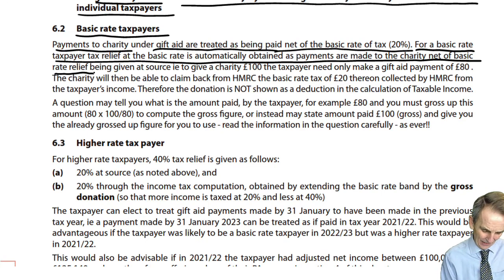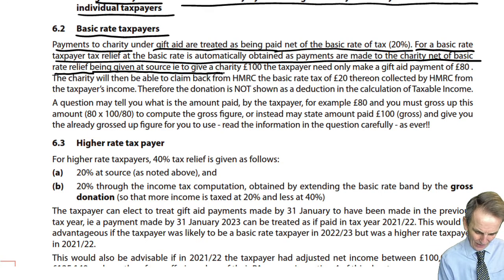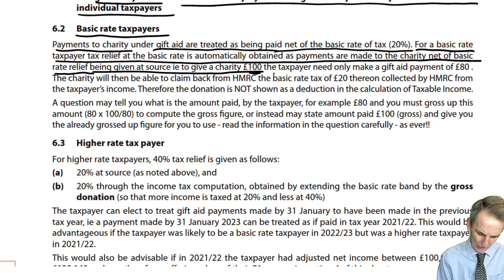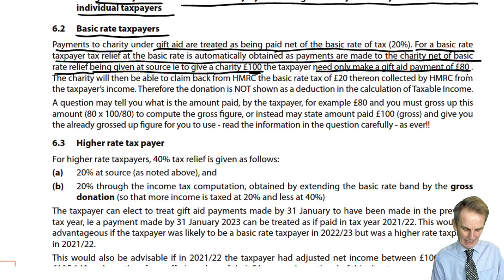And that relief is being given at source. To explain this, say you want your favourite charity to benefit by £100. The taxpayer need only make a gift aid payment of £80. That payment is coming out of your taxed income. These gift aid payments, and also personal pension contributions, do not represent deductions from your income in deriving taxable income.